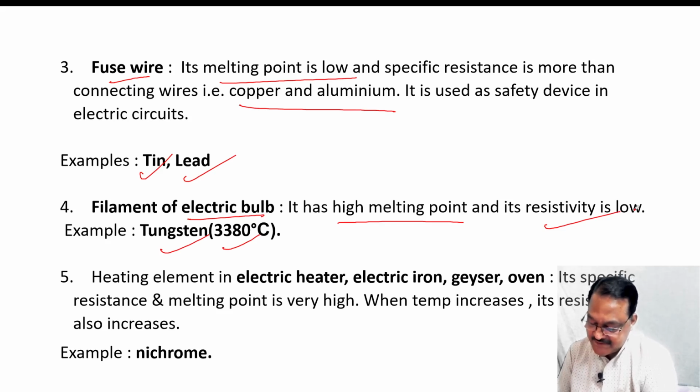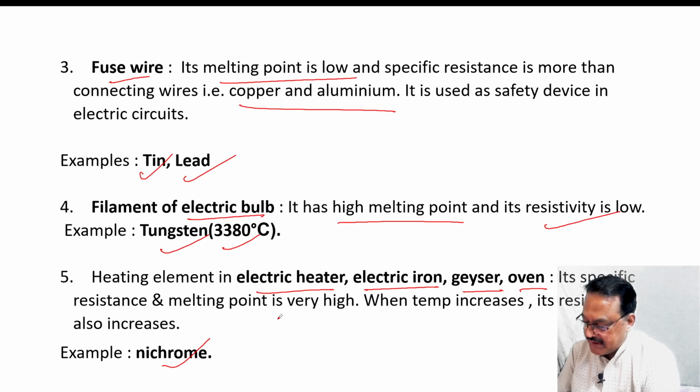Fine. Next, the heating element in electric heater, electric iron, geyser and oven. These are domestic electrical appliances, and for the heating element, a material called nichrome is used. Then why is nichrome used?